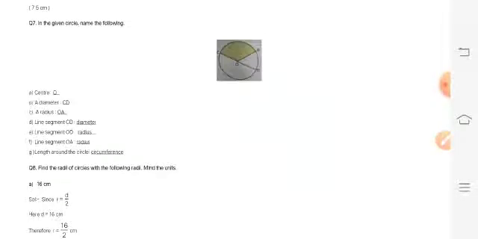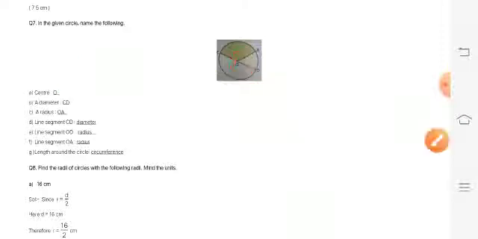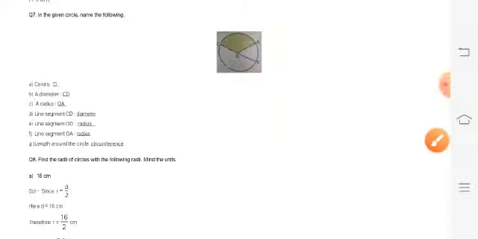Here you have been given a figure. This is a circle, and there are certain components, and you have to name each of them. What is the center here? Of course it's O, so you will write O in your book. Then the diameter: CD is the diameter, so write CD here. Radius is the distance from center to the boundary, that is OA.